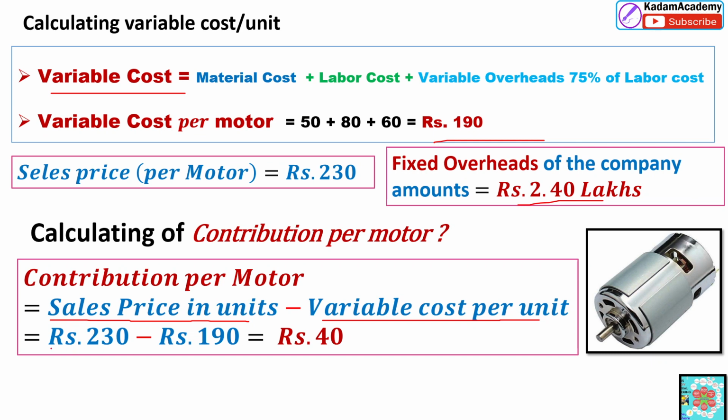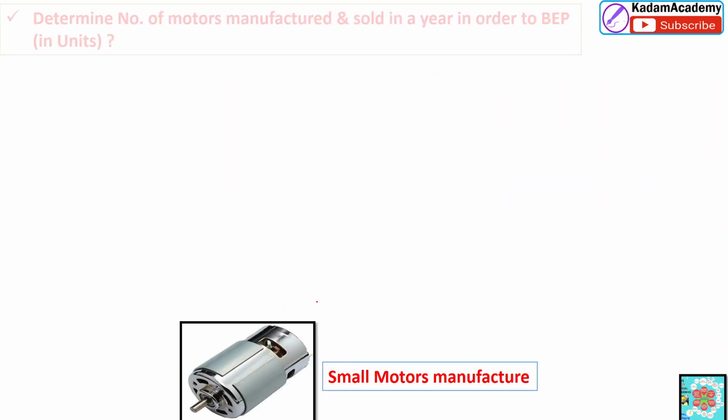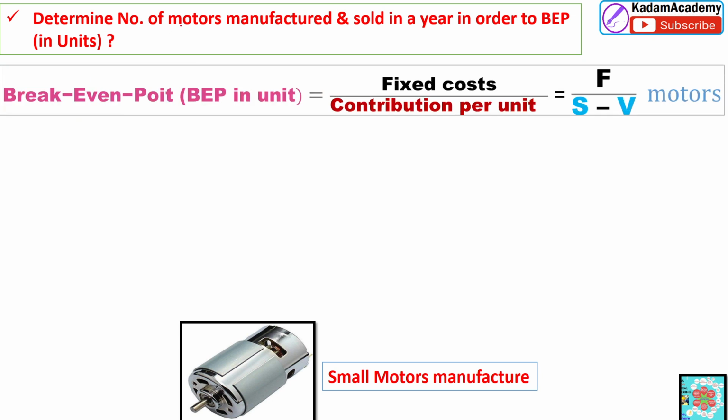The sales price is 230 and we have calculated the variable cost per unit as 190. Then the contribution per motor is 40 rupees. Now we have to determine the number of motors.